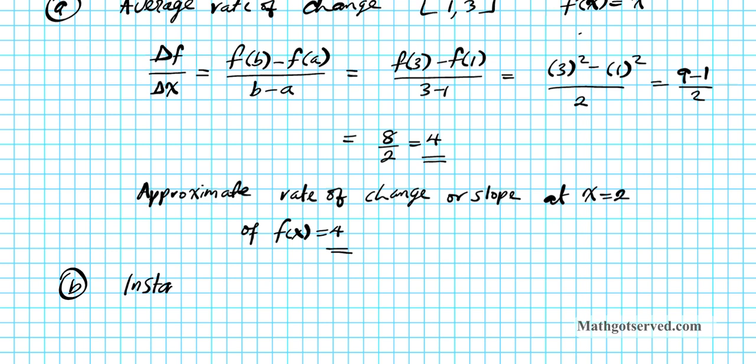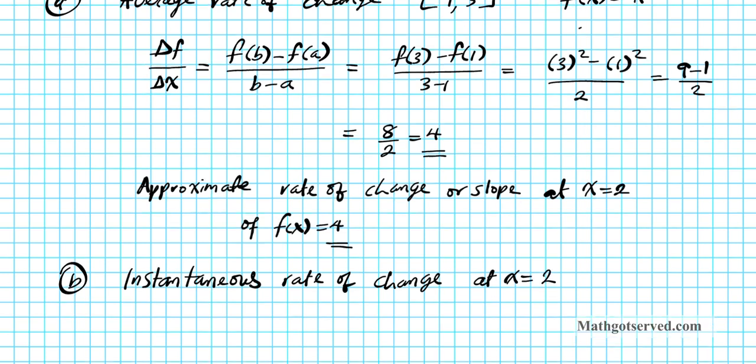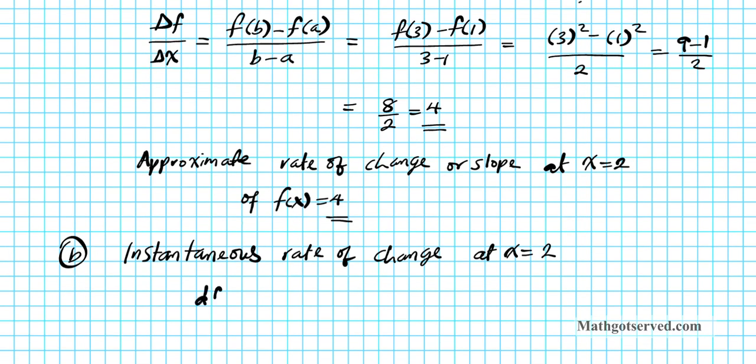We don't need an interval because at an instant, all we need is a point, so x equals 2 in this case. The instantaneous rate of change is df dx, which is the same as f prime of x, and is the limit as h approaches 0 of f of x plus h minus f of x over h.